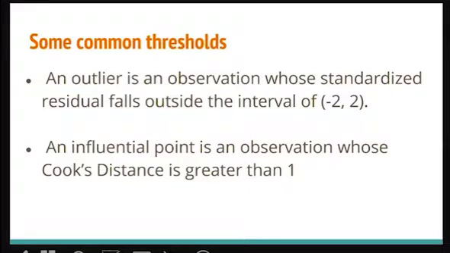And that's why at times they extend that range. But if you want to go by Cook's distance, then we're basically going to say an influential point is an observation whose Cook's distance is greater than 1. So I think the Cook's distance approach is more or less popular.